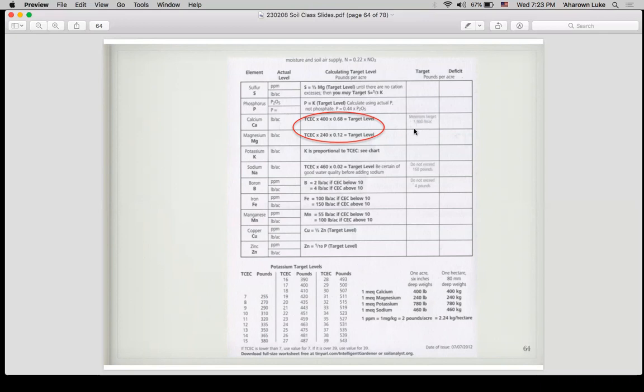You really know that calcium's leaching out, so he wants you to do at least 1,500 pounds per acre. And you'll notice that nitrogen is not on here, because nitrogen is always leaching out, and you always want 100 to 200 pounds per acre of nitrogen. Usually you can't get enough, except that it costs a lot. So there are reasons to dial in somewhere between 100 and 200, and he talks about that in the book.